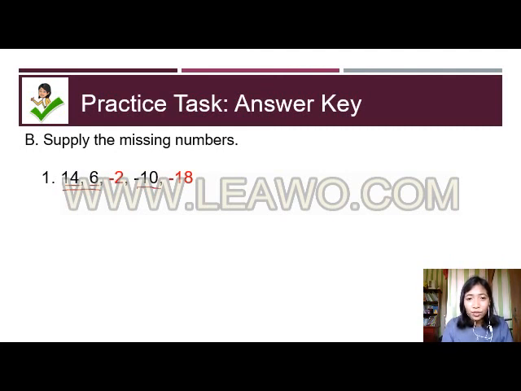So 6 minus 8, then we will be having negative 2. Negative 2 minus 8, okay? So applying the rules in subtracting signed numbers, we copy negative 2, change subtraction to addition, then change 8 to negative 8. So we have negative 2 plus negative 8. So we're having negative 10.